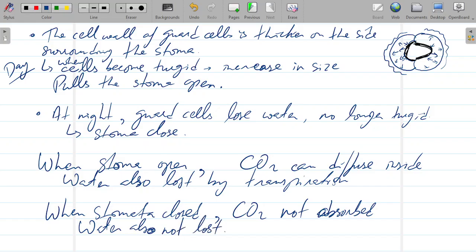So the opening and the closing of the stomata is a delicate balance for the plant, and it's tricky. I mean, for us it's tricky. The plant is doing just fine. It knows what to do. It knows how to survive.